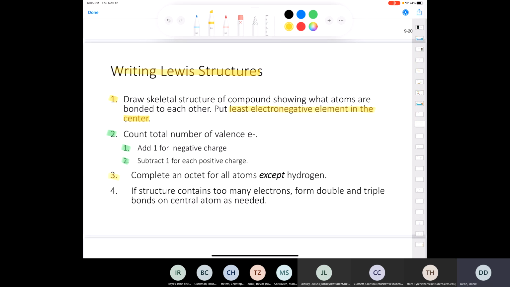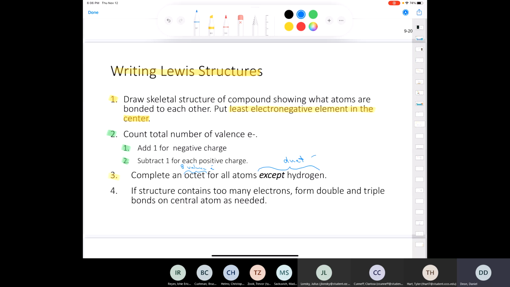Next, you want to complete an octet for all atoms except hydrogen. Hydrogen, in order to be isoelectronic with helium, only needs 2 electrons. So hydrogen actually has a duet. Okay, I'm not making that up. And when the other elements become isoelectronic with a noble gas, they're surrounded by 8 valence electrons. That's called an octet. 8 valence electrons.